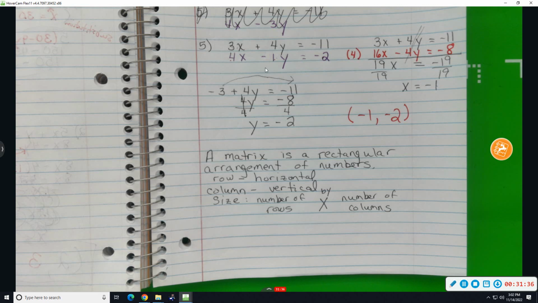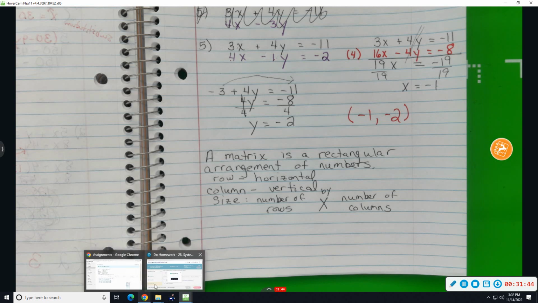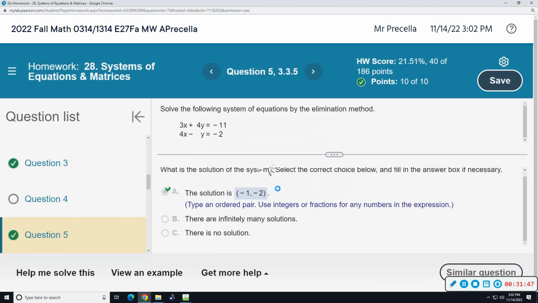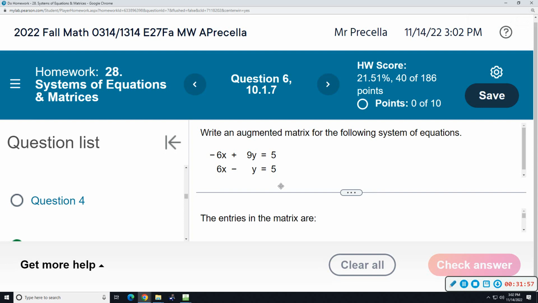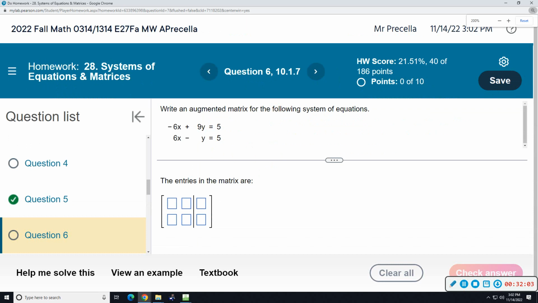We can take our systems of equations and write what's called an augmented matrix. I don't know if I can make it any bigger. No, it's not all going to fit. Okay. There. With an augmented matrix, see this matrix is going to have 2 rows and 3 columns.